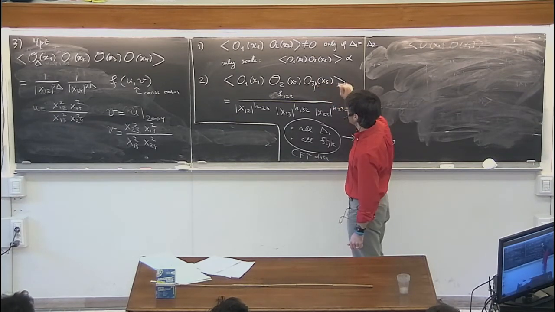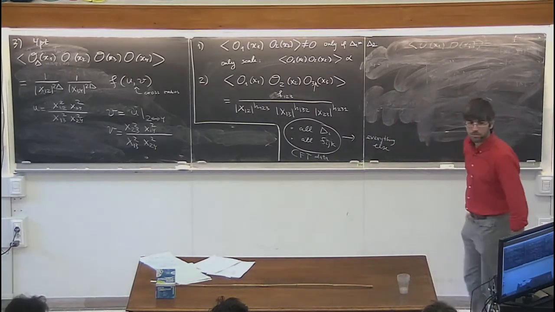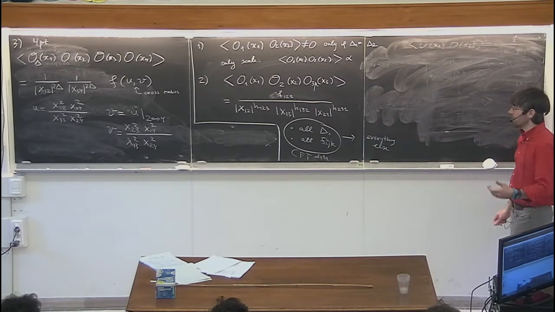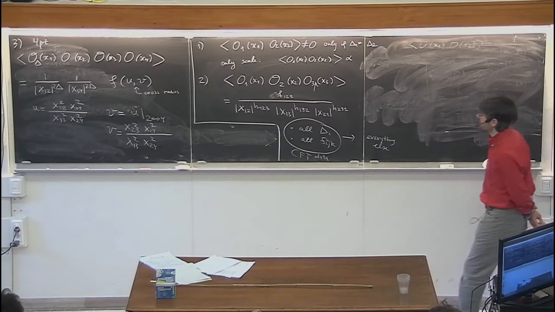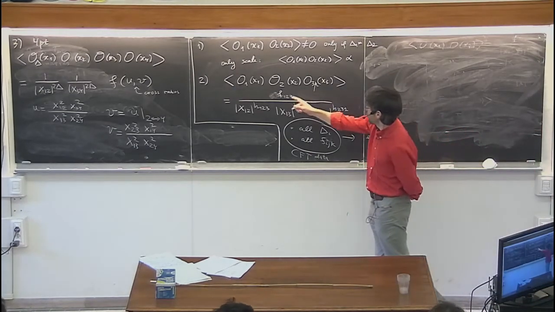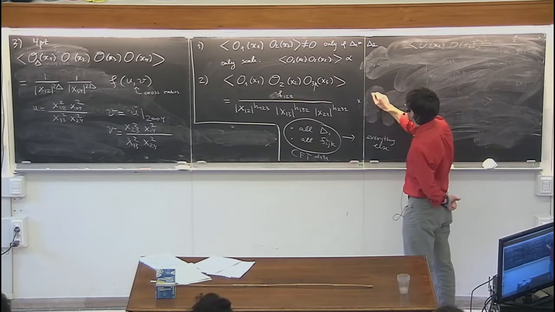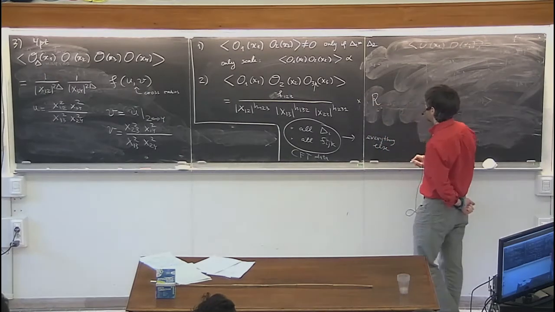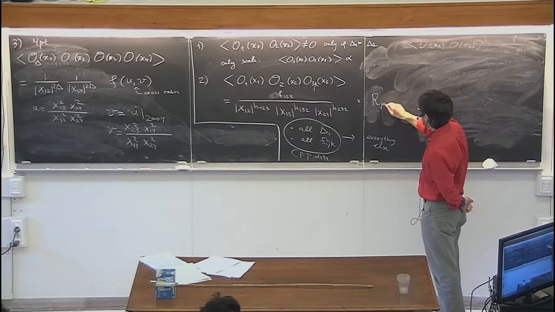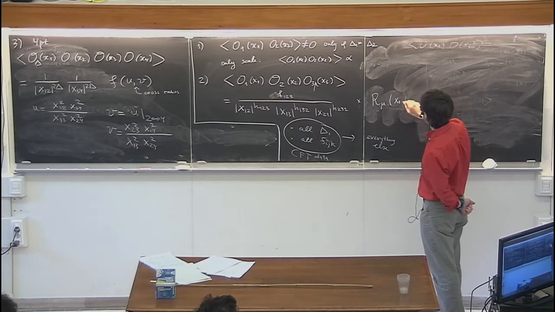So it had an index mu. Again, a primary vector of dimension delta 3, but a vector. So in this case, the 3-point function will be of this form times an object which I will call R mu of x1, x2, and x3.